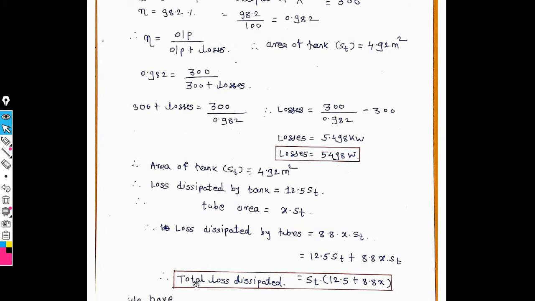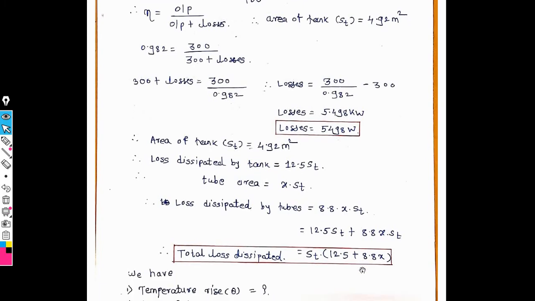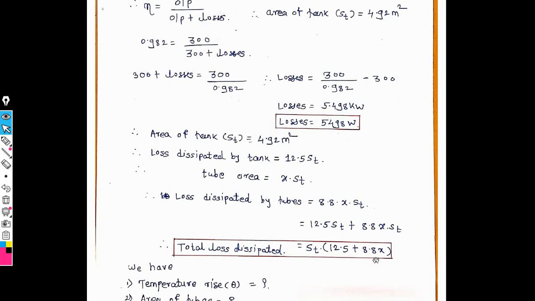Now we have to calculate the total loss dissipated. The total loss dissipated is equal to ST into 12.5 plus 8.8 x into ST. Taking ST as common, the total loss dissipated is equal to ST into bracket 12.5 plus 8.8 x.